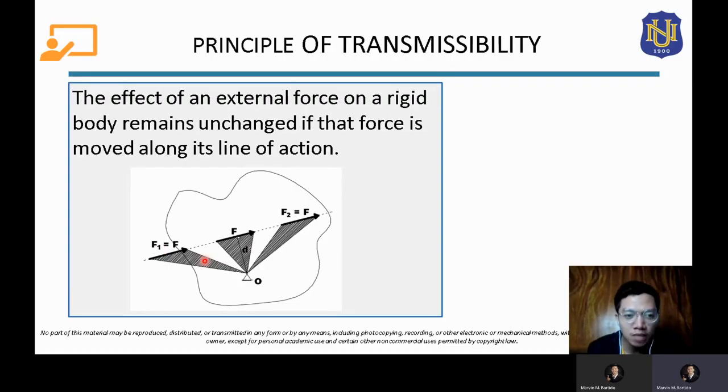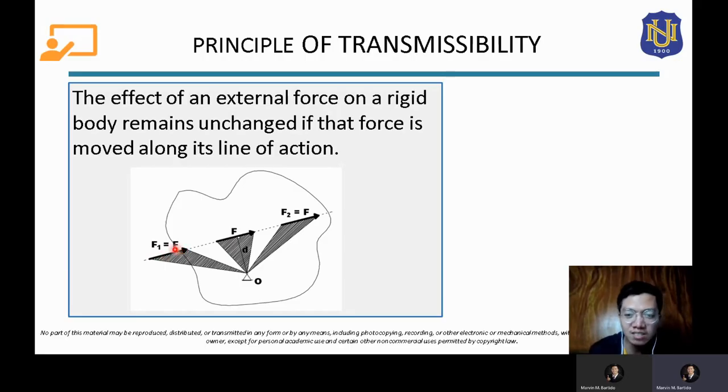So let's say we have here force F, and we have here point O. As we know, the moment of this force from point O will just be force times its perpendicular distance d. Now, let's say the line of action of this force will be this extended line of action. If we transfer this same force F to this position, let's say it's also equal to F1, this is the same force.